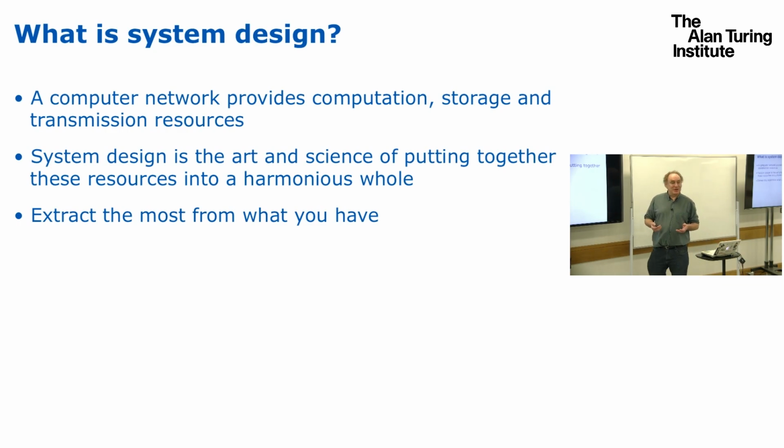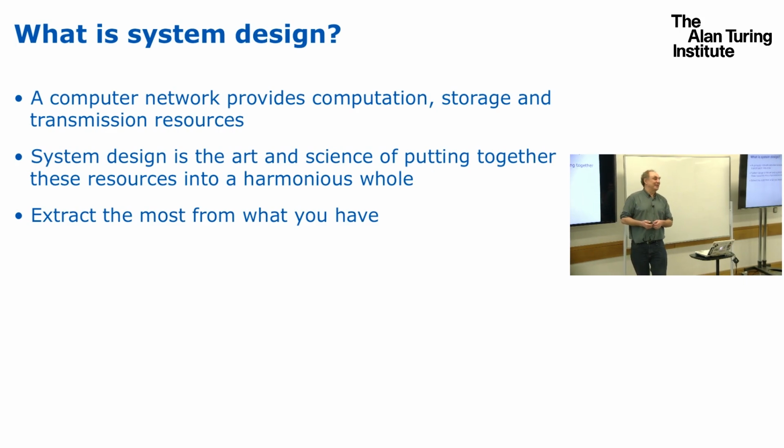Basically, system design is a weird mix of engineering, science, and art, because you need to understand a holistic view of all the things going on. It's not just something you can say, we will optimize this thing. What will you optimize it for? Will you optimize it for throughput or latency or for memory footprint or whatever else you might be thinking about?